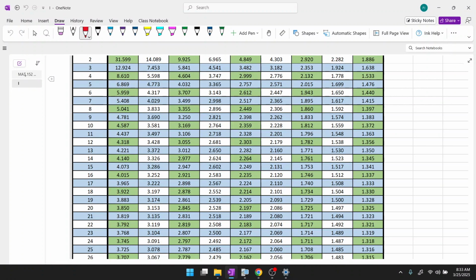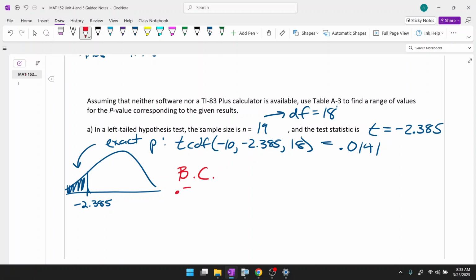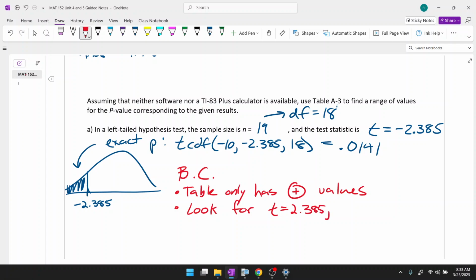So, obviously, your table only has positives. So look for t equal to 2.385, 18 degrees of freedom, and this is one tail. So you look at the one tail probability.